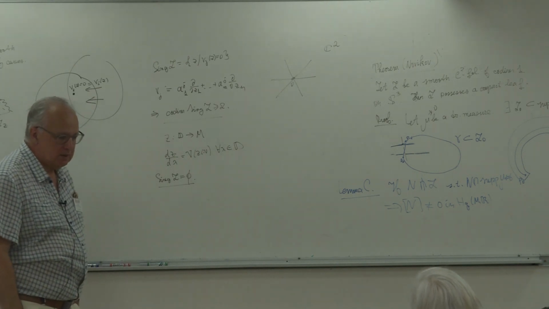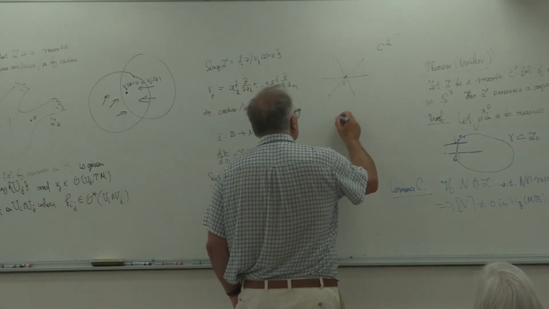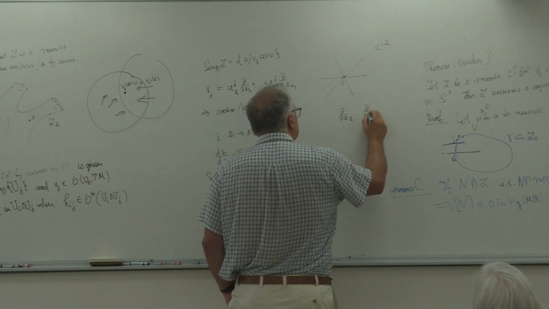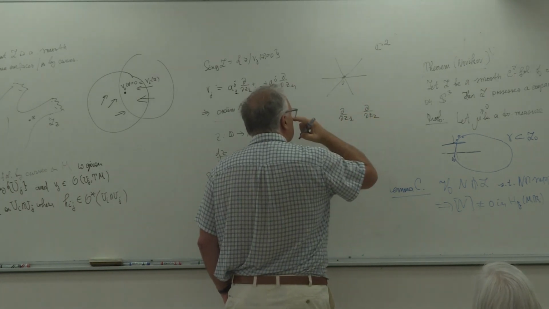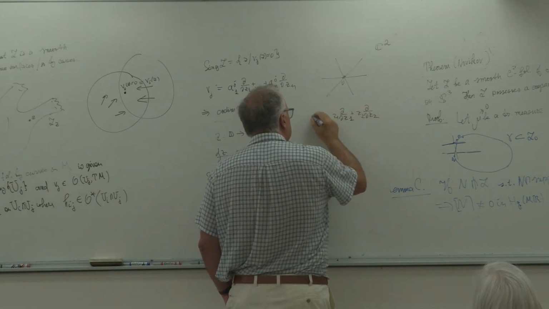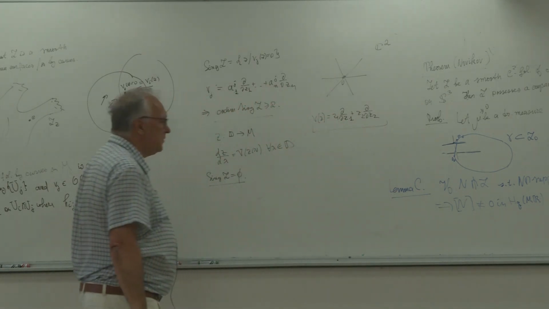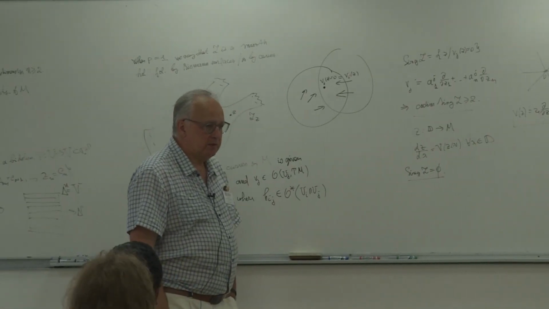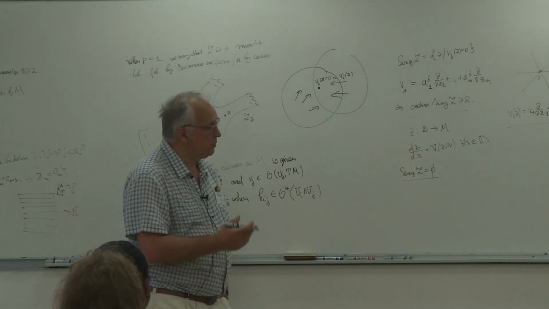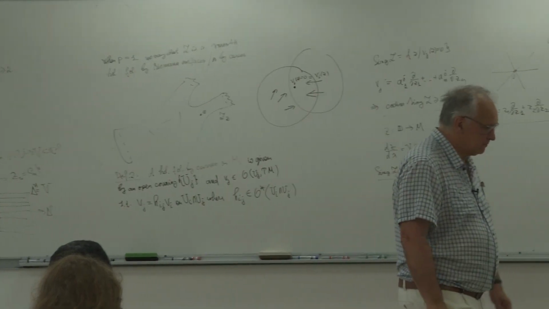It can be defined by the vector field z1 d over dz1 plus z2 d over dz2, I think. Okay. This vector field is everywhere tangent to the leaves and vanishes at 0. And this is a typical picture of it. But there are more complicated things than that.